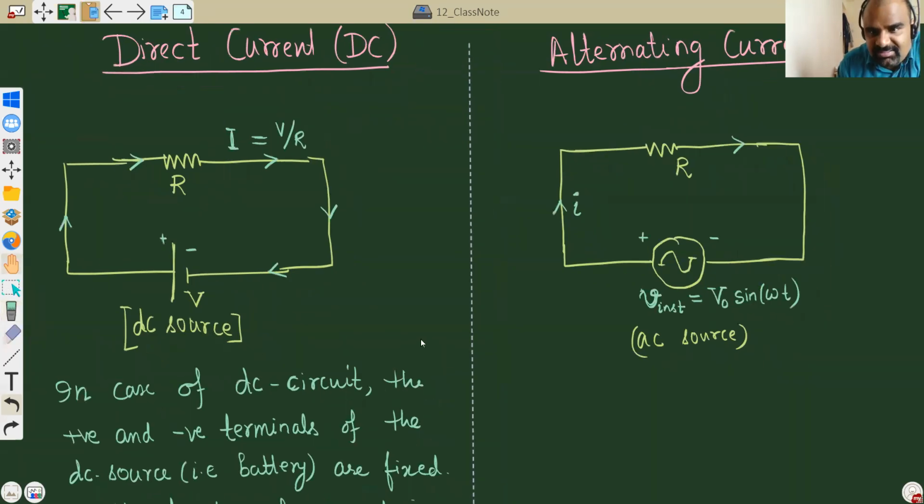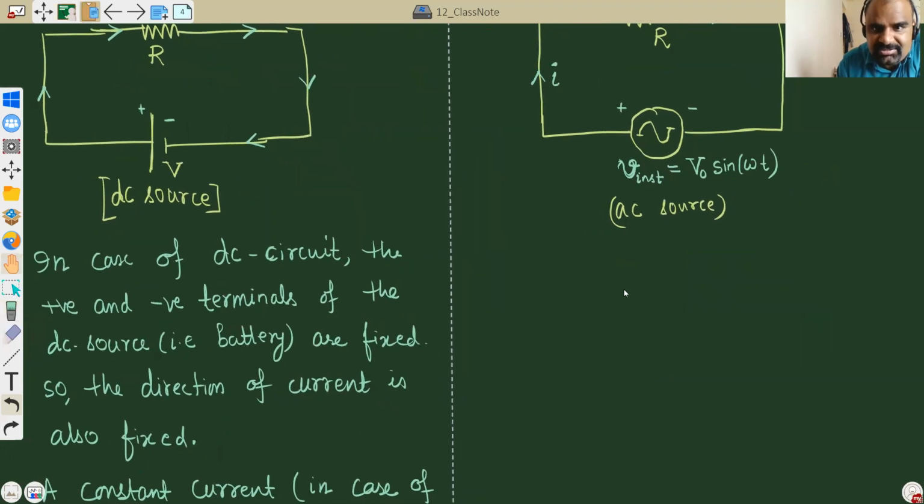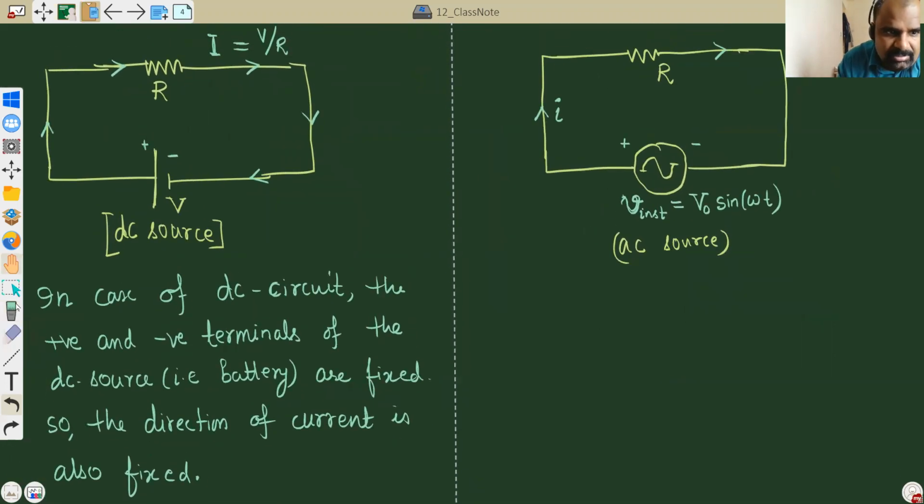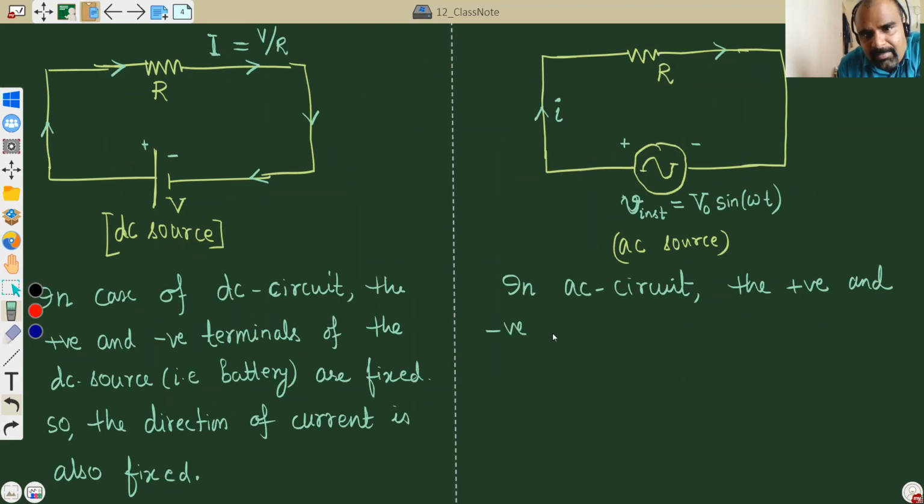Now let's come to the main thing here. In AC circuit, the positive and negative terminals of the AC source keep alternating.